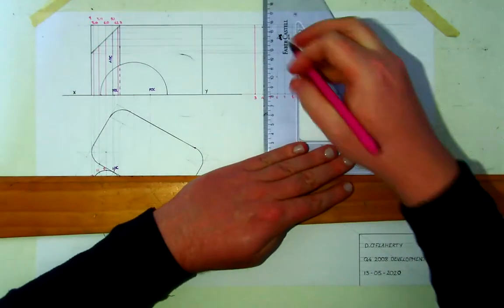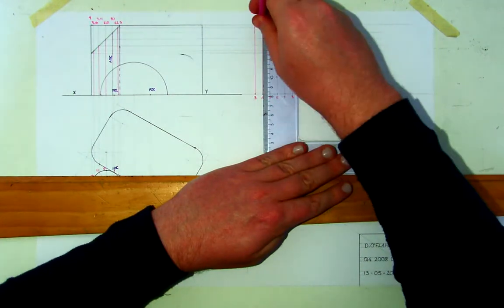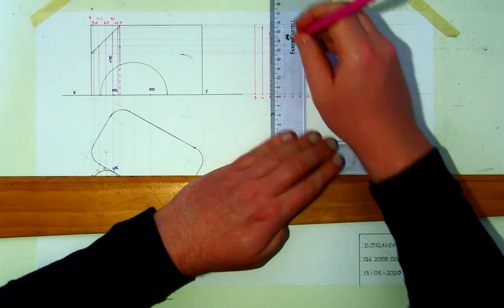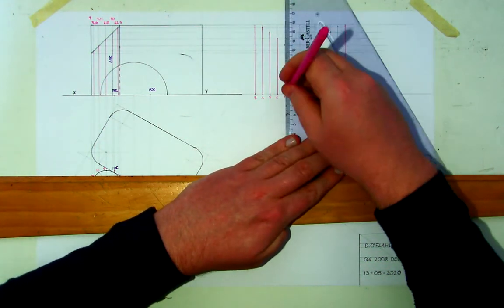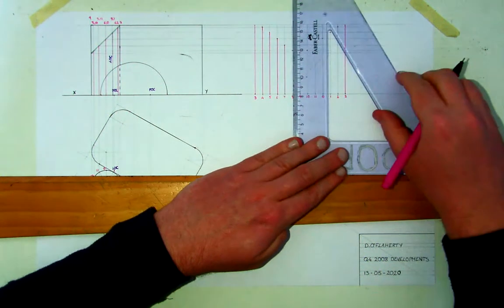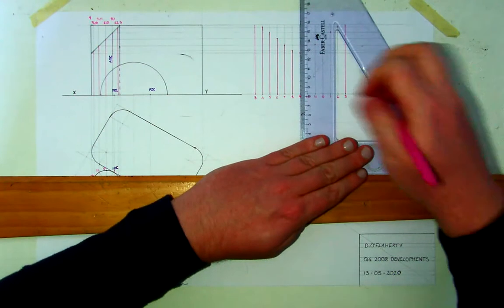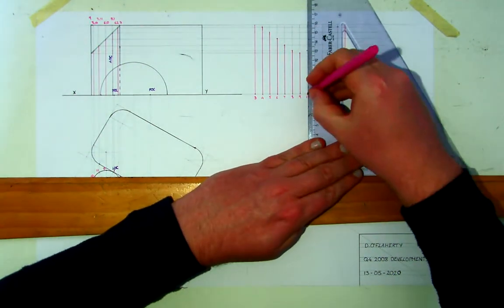Look, I'll draw them in pink, just so that they correlate to that. Up to there. So that's how much all of them generators are left.